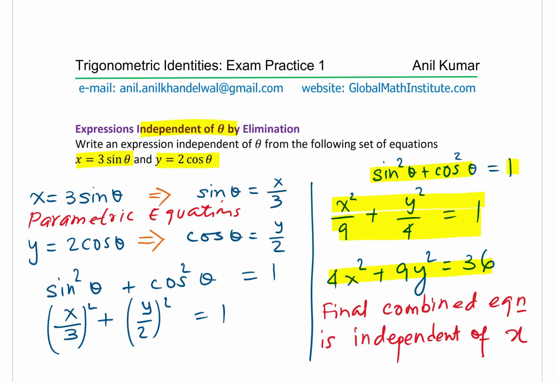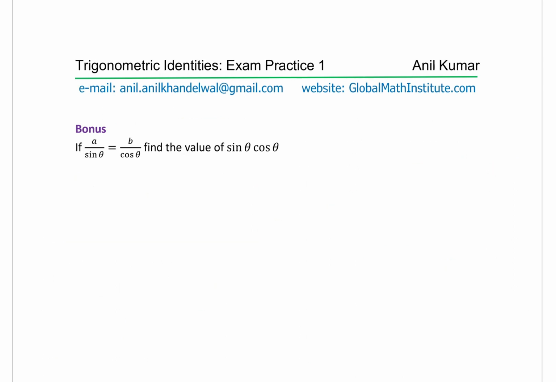Now let's take the bonus question, which is: if a over sine theta equals b over cosine theta, find the value of sine theta cos theta. You can actually now pause the video and find the value of sine theta cos theta. So let's see how to do it. The question given to us is a over sine theta equals b over cos theta.